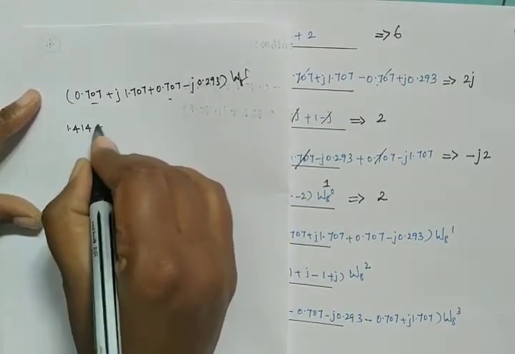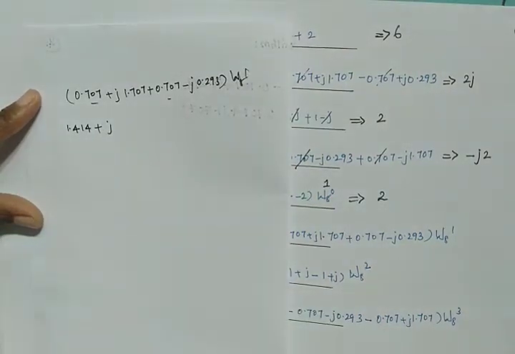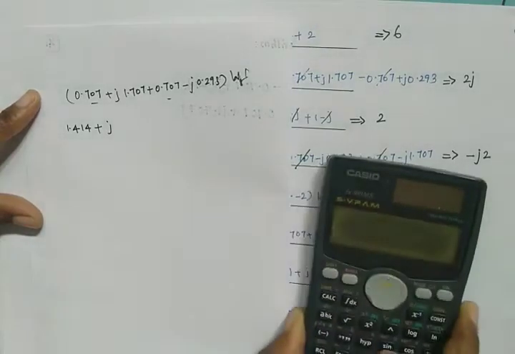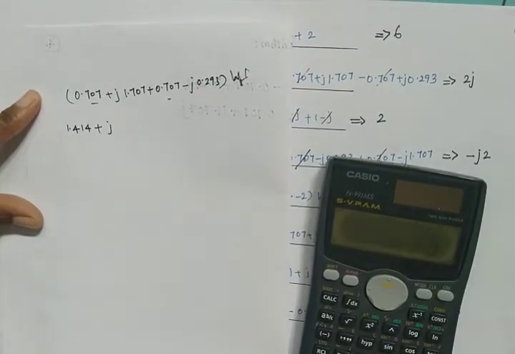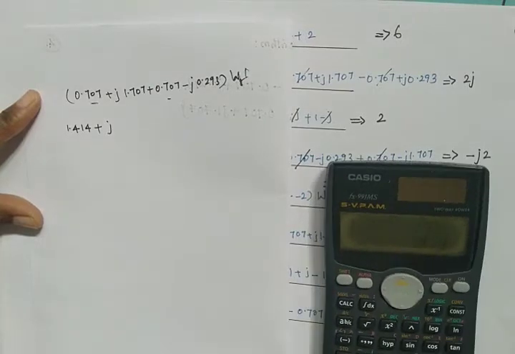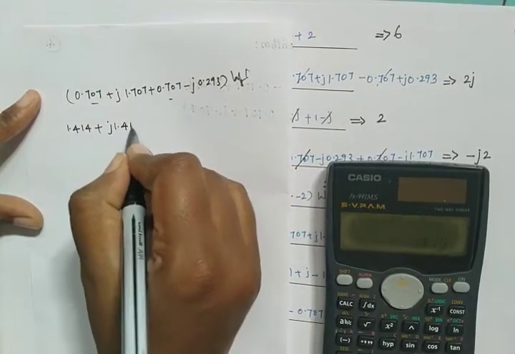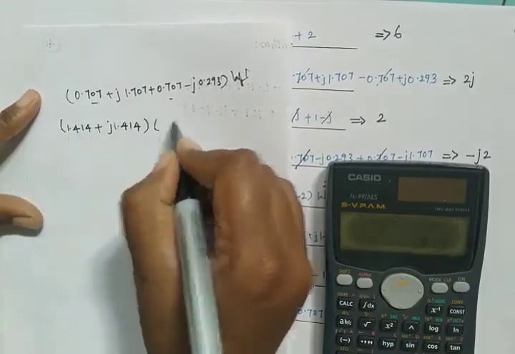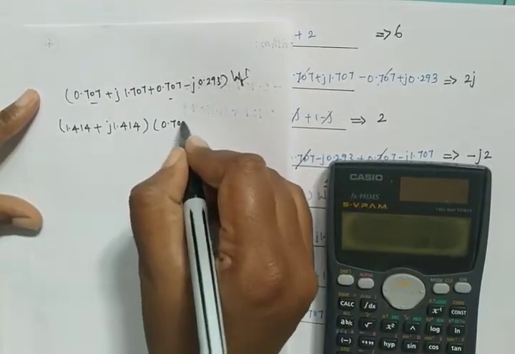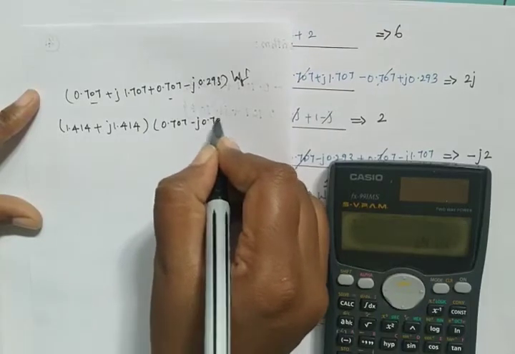Then here we have plus j, 1.707 minus 0.293, which is equal to 1.414, into this W8 power 1, which is 0.707 minus j 0.707.